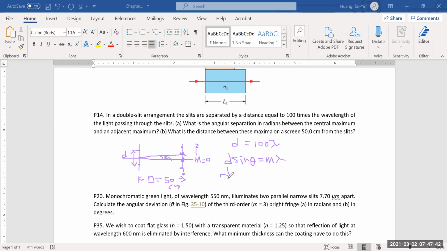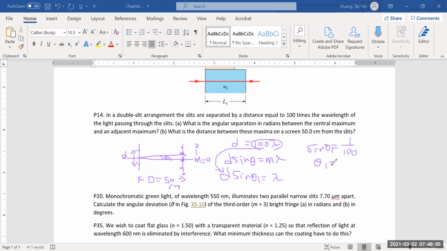So you have d sine theta 1 equal to m, which is 1, times lambda. Because d is 100 wavelengths, you plug in here, so you have sine theta 1 equal to 1 over 100. From there you can calculate your theta 1.